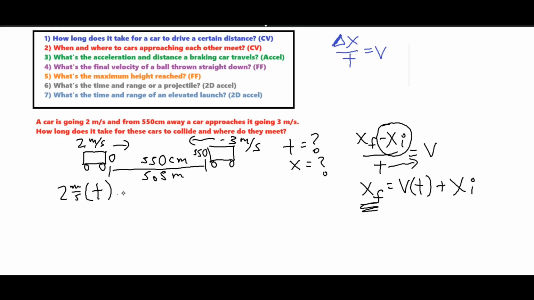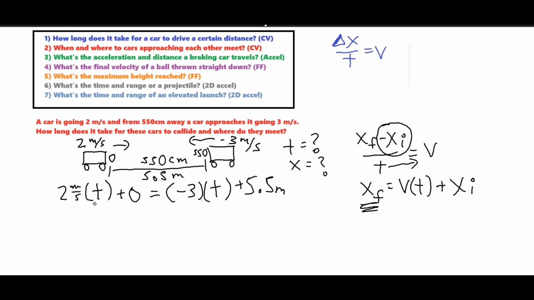So this one's starting position is at 0, and this equals xf. But the xf for this one equals the same as the xf of the other one, and xf equals vt plus xi. So the velocity for the other one is -3 times t, and this one does have a starting position away from 0, which we're calling 5.5 meters. From there, we're going to do a little bit of math.